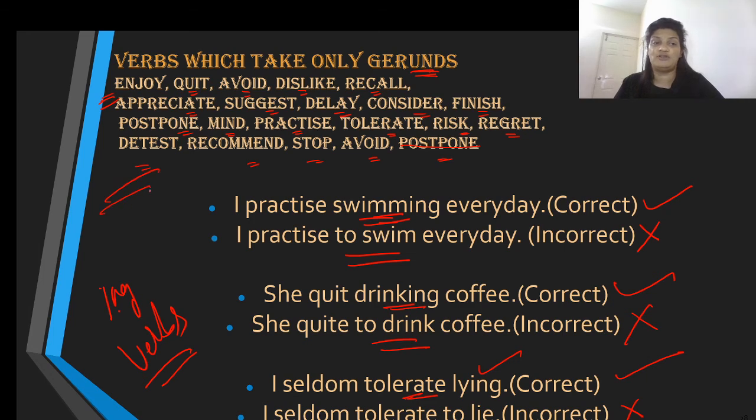All these verbs take only gerunds. Well, how do you understand this? How do you figure it out? There is no formula behind. You only will have to memorize these verbs and get familiarized with these verbs and remember them.